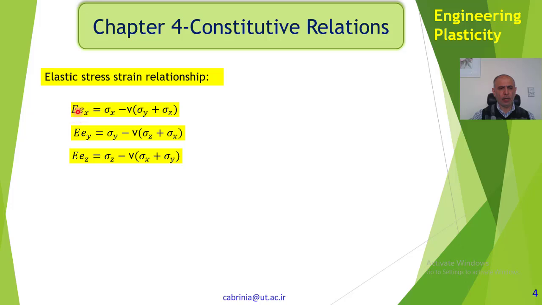So we know that this is in fact Hooke's law. Elastic strain is proportional to the elastic stress. We can divide by E: 1 over E times sigma x minus that. And why is it minus?